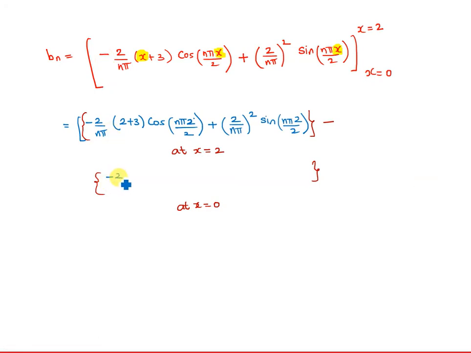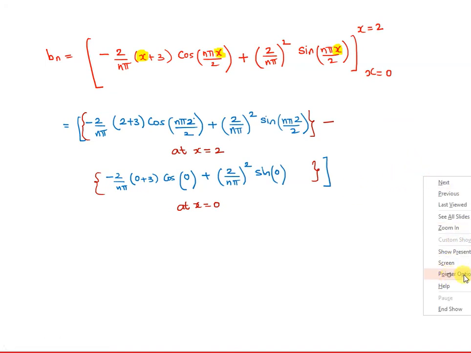Minus 2 over n pi, (0 plus 3), cosine of n pi 0 over 2, plus 2 over n pi to the power 2, sine of n pi 0 over 2, which will become sine of 0. Okay, so these are the terms.